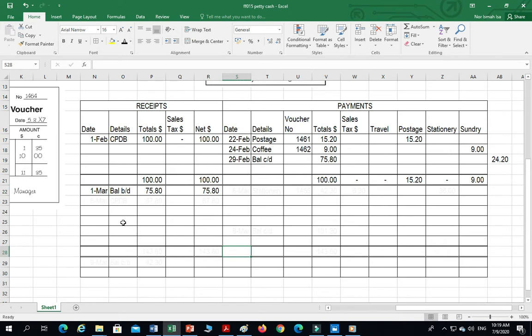Since the petty cash float is not enough, the petty cash cashier needs to claim from the cash payment debit the amount of 24.20. So this is 24.20. The imprest amount remains the same, which is 100. So this is the net amount.